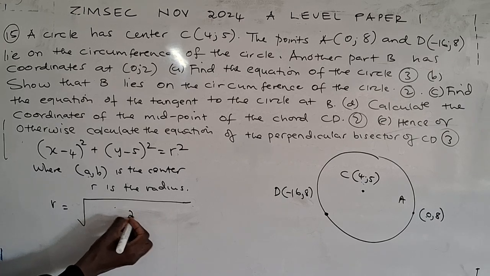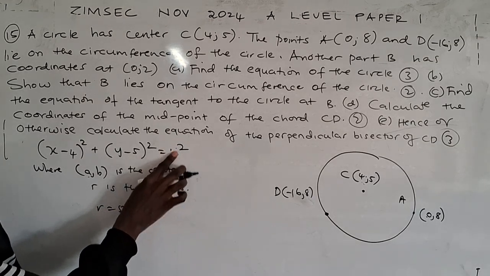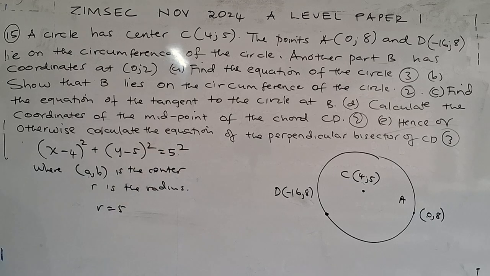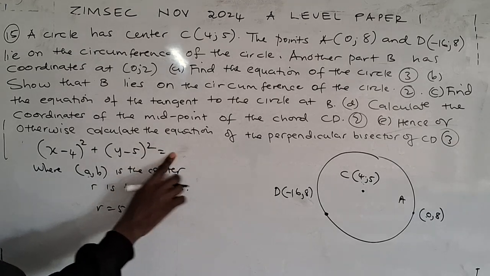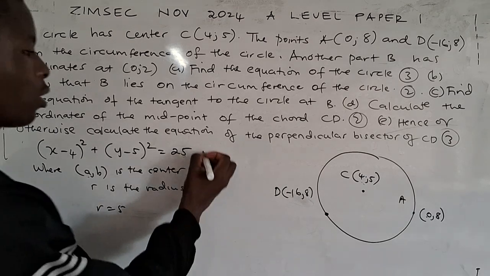The square root of 25 is 5, so r is equal to 5. So you come here and put a 5. 5 to the power 2 is 25. So this is the equation of the circle.